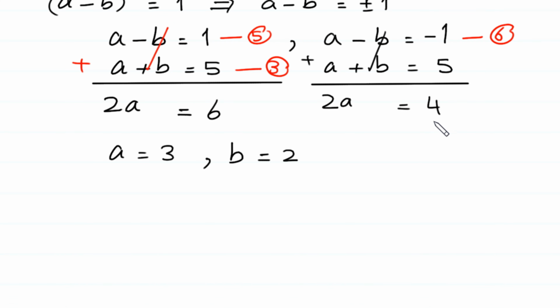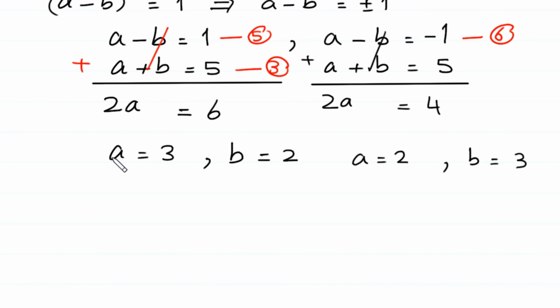And if we divide both sides by 2, we get the value of a is equal to 2. And if we put this value of a, 2, in this equation 3, we get the value of b is equal to 3.